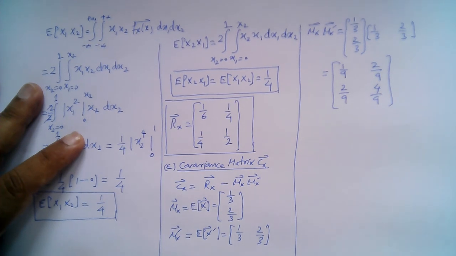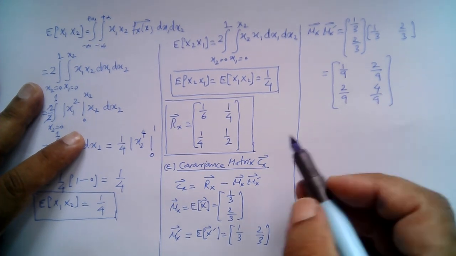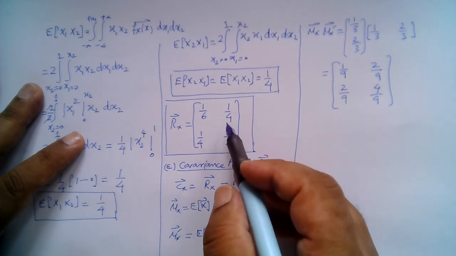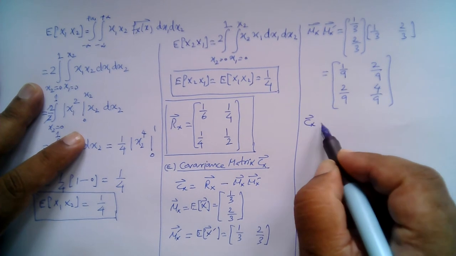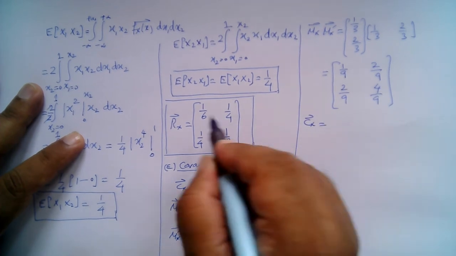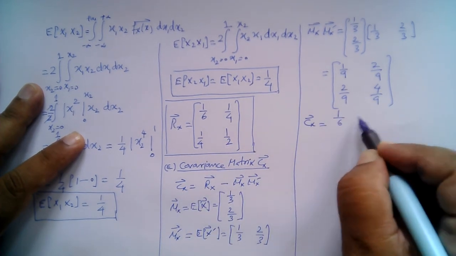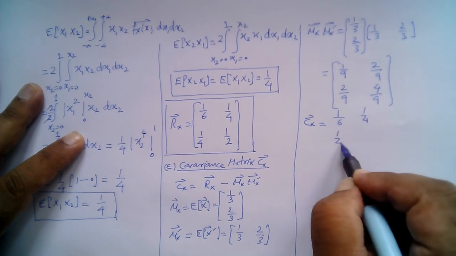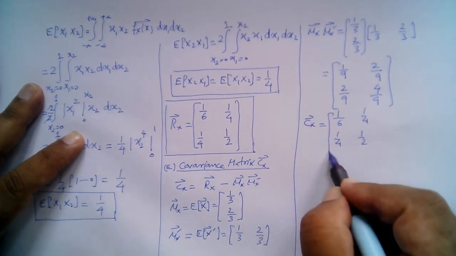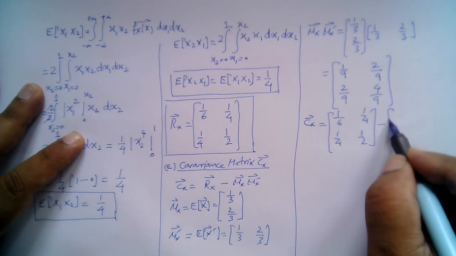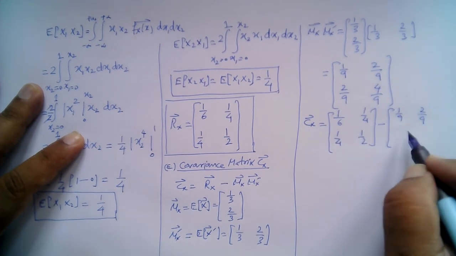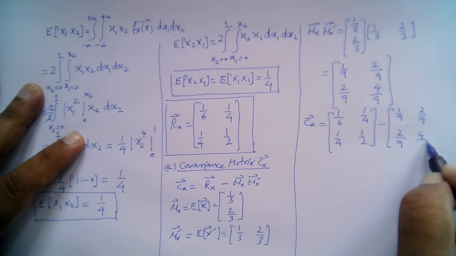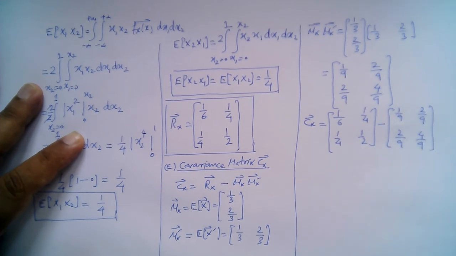So we need to subtract this matrix from this one according to this formula. So Cx is given by, let me write down the matrices, 1 over 6, 1 over 4, 1 over 4, 1 over 2, minus 1 over 9, 2 over 9, 2 over 9, 4 over 9, right?